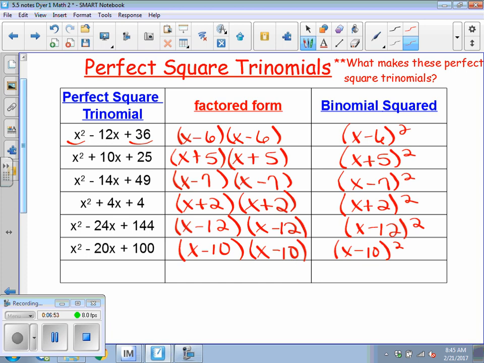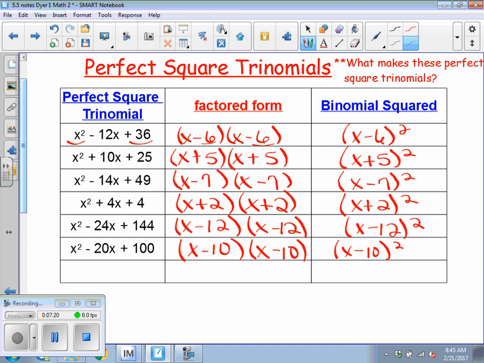It has to always be addition, because when you multiply this term times this term, you're multiplying something times itself, so it's always going to be positive. So when you multiply your last terms, that's why this is always positive. Now this can be either positive or negative in a perfect square trinomial. This first sign just determines what those are going to be. If this is subtraction, that's subtraction.